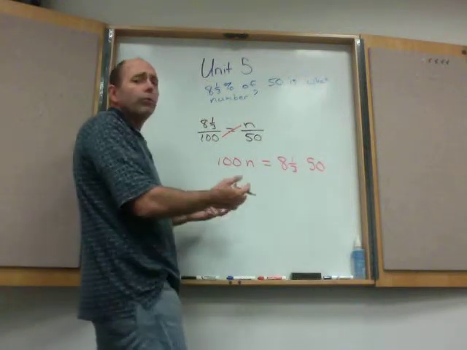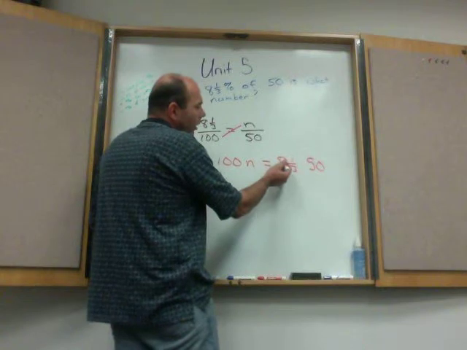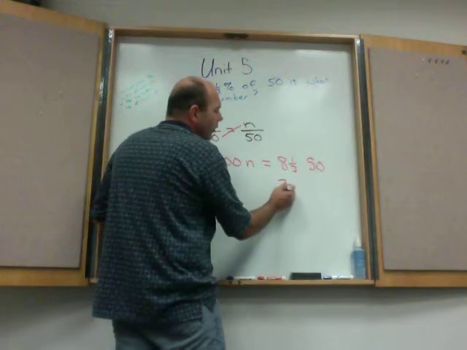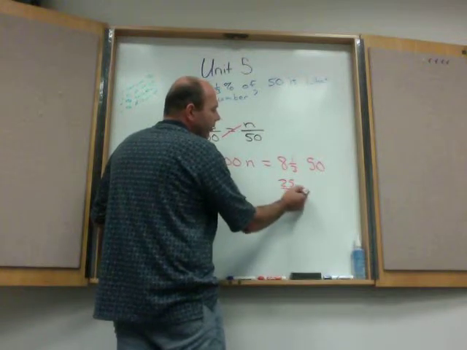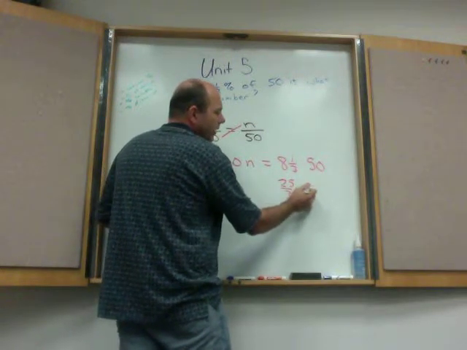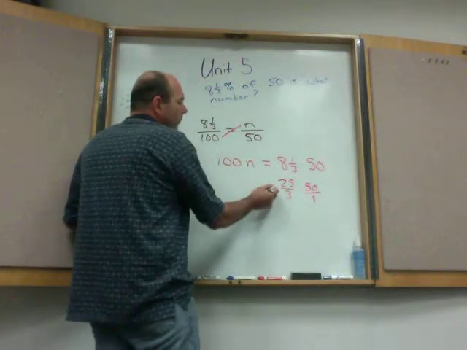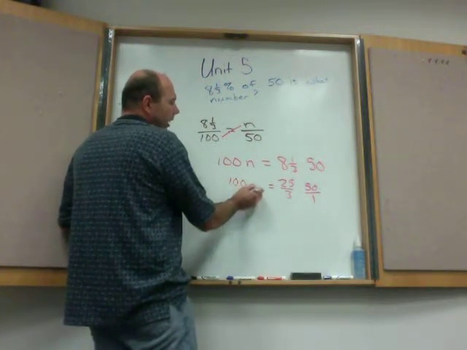It'll be most accurate. So 8 times 3 is 24 plus 1, 25 thirds times 50 as a fraction, 50 over 1. And of course that's still equal to 100n.